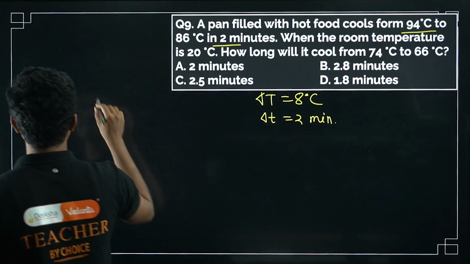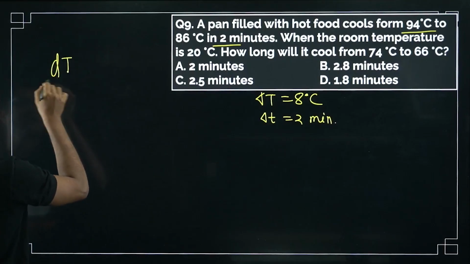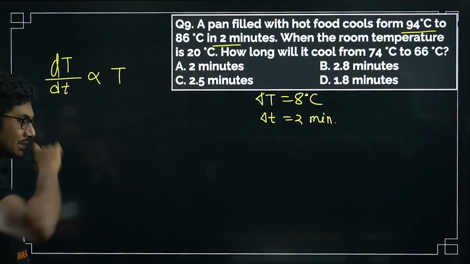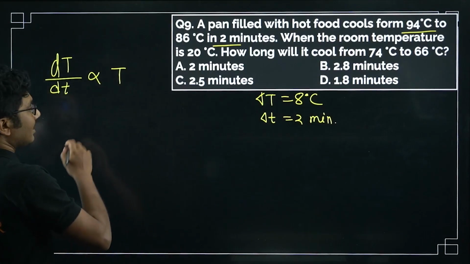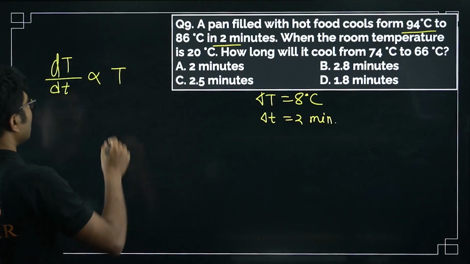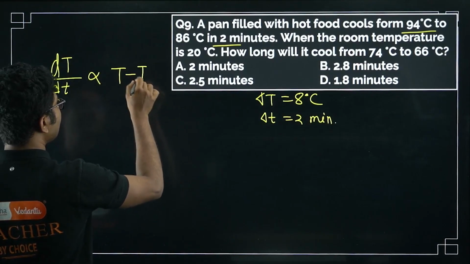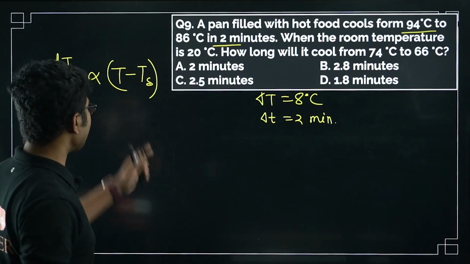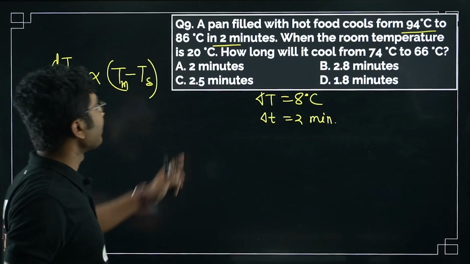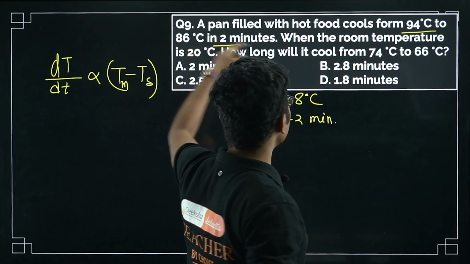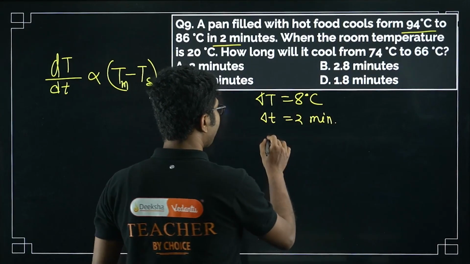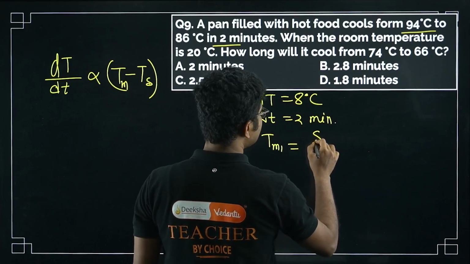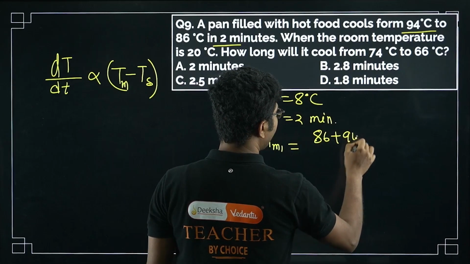Now we know that the rate of change of temperature, the rate of change of heat, is proportional to the difference between the mean temperature of the system and the surrounding temperature. What is the meaning of mean temperature? You add these two and then divide by 2, as simple as that. So the mean temperature for the first case is 86 plus 94 divided by 2.